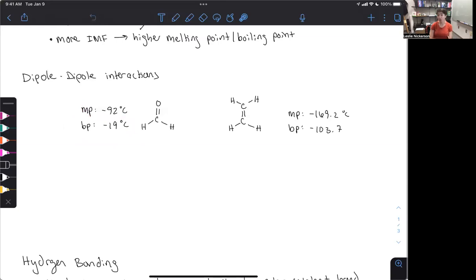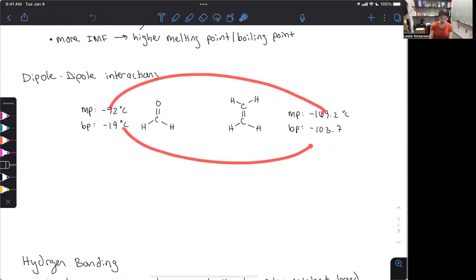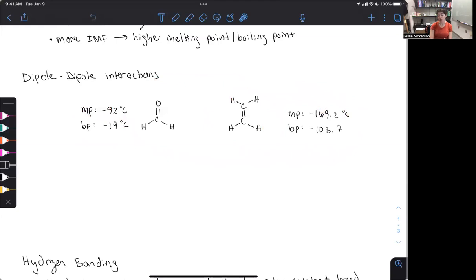It is a very small molecule, so it's not very surprising that we have that low of a melting point and boiling point. On the other hand, if we look at ethylene, which is the 2-carbon double bond molecule, the melting point is -169 and the boiling point is -103.